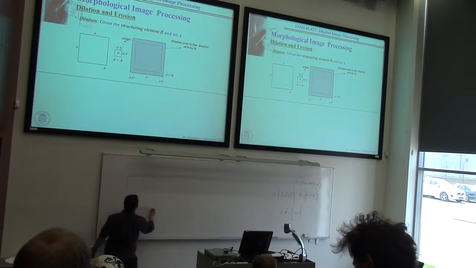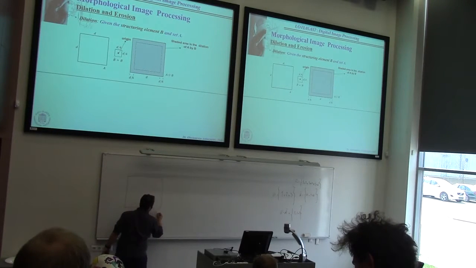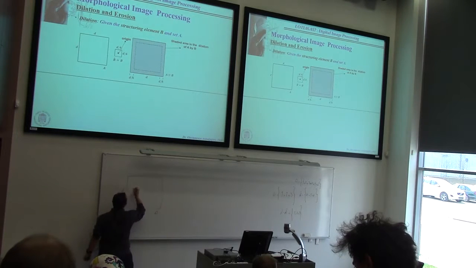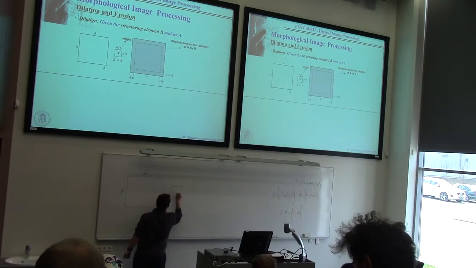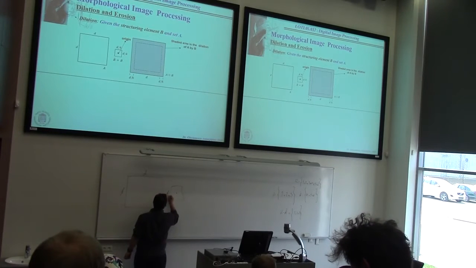We have a set of A, the size of A is d by d, and we have a structure that we call set of B. The center is here, and the size is d over 4.